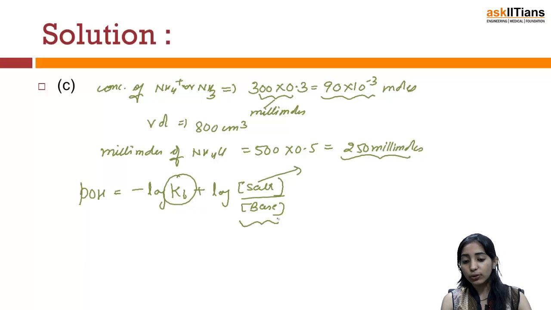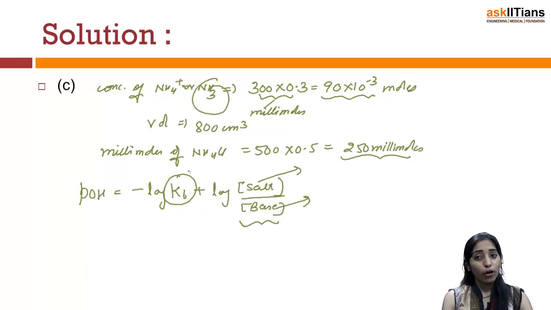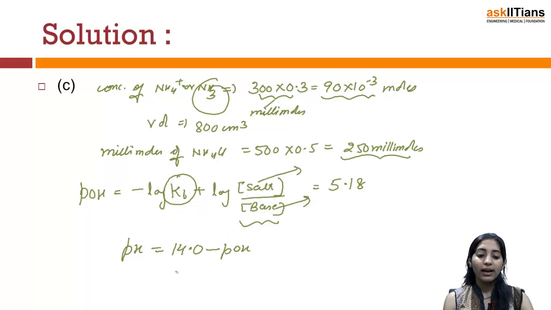We know the final concentration of the base, which is nothing but ammonia in this case. On putting all these values, we can very easily get that the pOH will be coming out to be nearly 5.18. If pOH is coming as 5.18, we can find pH will be nothing but 14.0 minus pOH, which is 14.0 minus 5.18, and the value comes out to be 8.82.